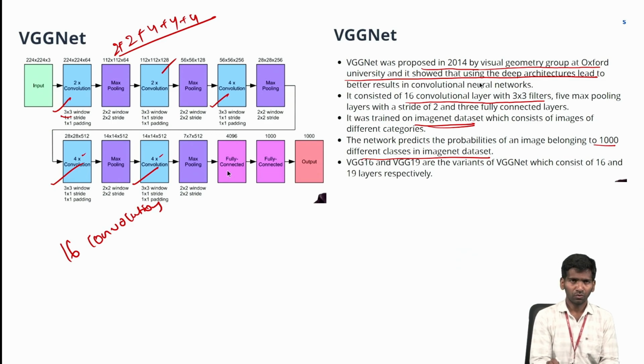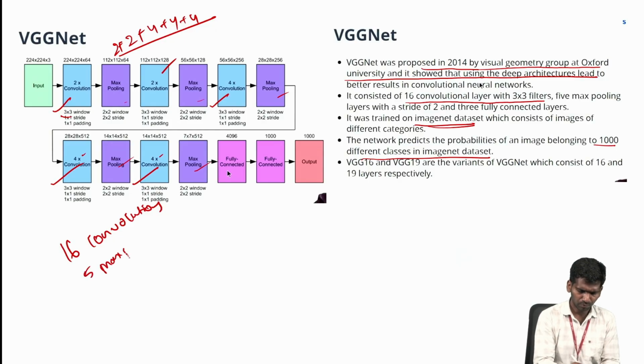So you could see the max pooling layers also: 1, 2, 3, 4, 5. So 5 max pooling layers, and 2 fully connected layers.